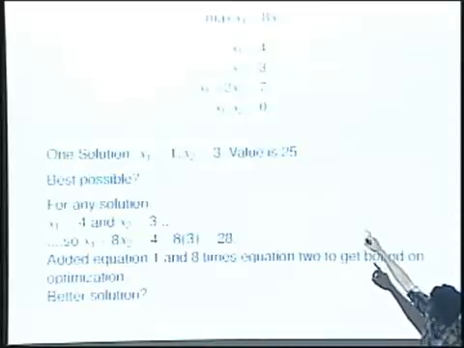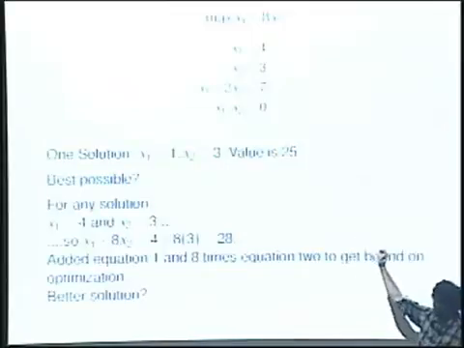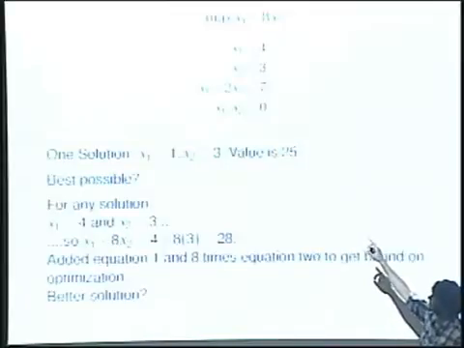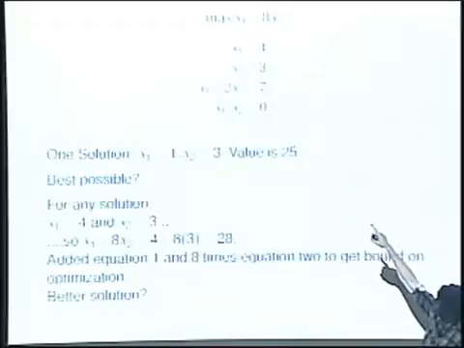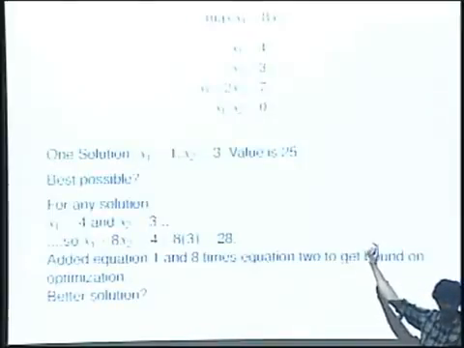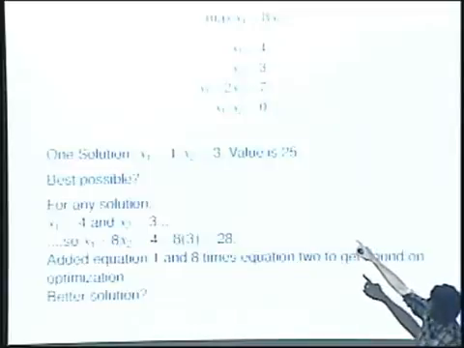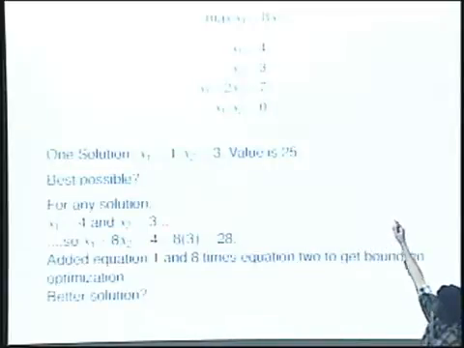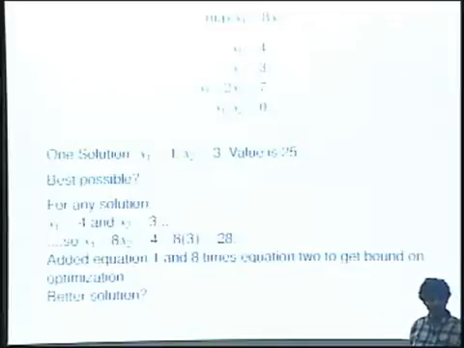Now you add 6 times x2 plus x1 plus 2 times x2. So now you have 6 x2s and 2 x2s, so you'll have 8 x2s. So you'll have x1 plus 8 x2 is less than 18 plus 7, which is 25.